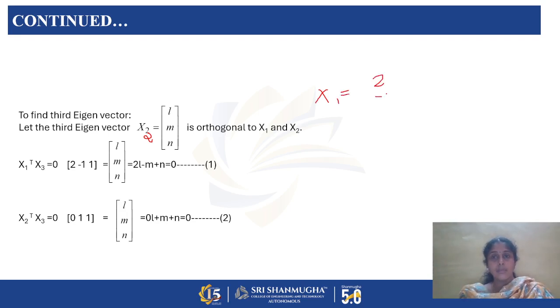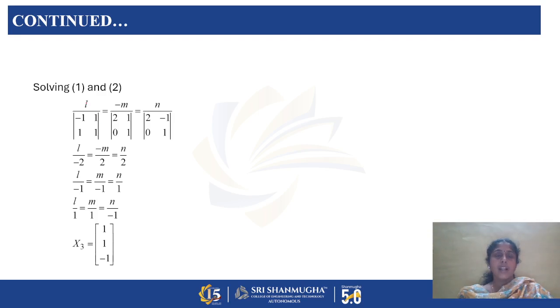When I take the transpose, we just rearrange rows and columns, so the column becomes a row: 2 minus 1 1 multiplied by x3, which is (L, M, N). When I multiply, I get 2L minus M plus N equal to 0. Next, the second equation is 0L plus M plus N equal to 0. When I solve these two equations by the same method, I get the x3 vector as 1, 1, minus 1.